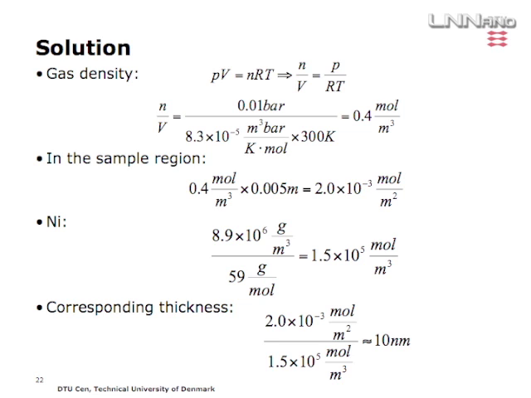For nickel, the density is about 1.5 times 10 to the minus 5 moles per cubic meter. And if we divide these two numbers by each other, we can see that these 10 millibars correspond to a solid sample of about 10 nanometers. So basically, that is perfect for high resolution microscopy, and we often image samples sitting on top of a 10 nanometer thin film, and we get nice high resolution images, no problem.